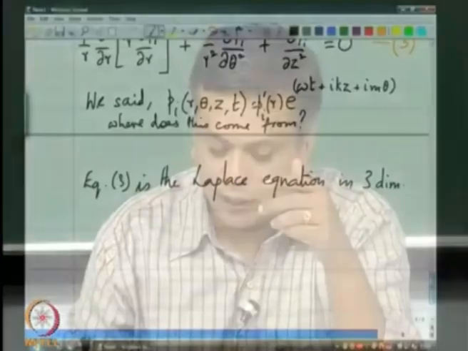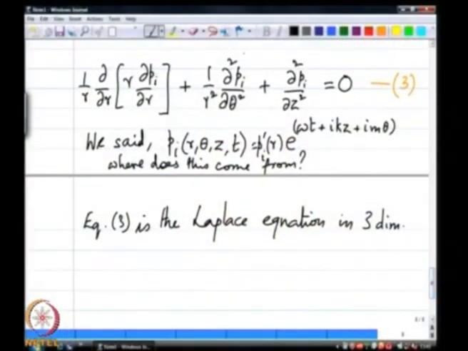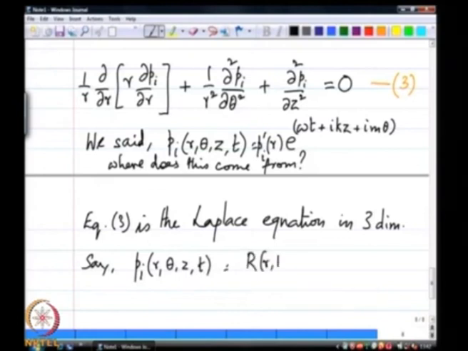So, if I simply do a separation of variables solution on equation 3, if I say P I of r, theta, z and time is equal to R of r comma t times capital Theta of theta comma t times capital Z of z comma t.